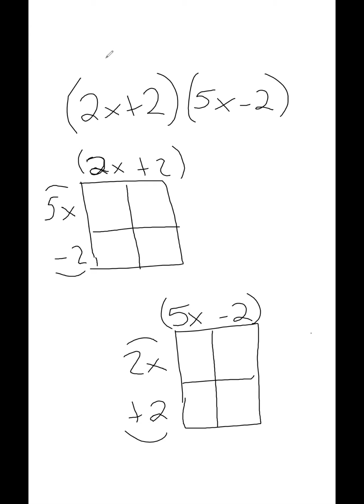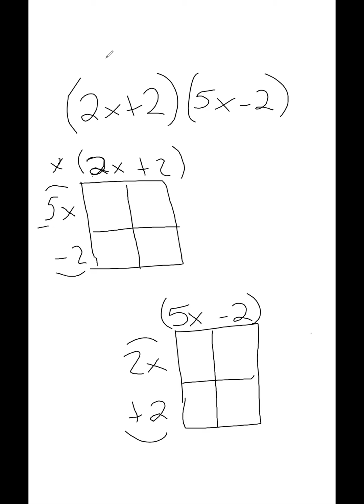As long as they're together on one side of the box, you're good because your answer will come out to the same thing. All right? So I'm just going to leave it like this so I can show you that it comes out to the same thing. So when we do the box method, we're multiplying on the outside of the box.